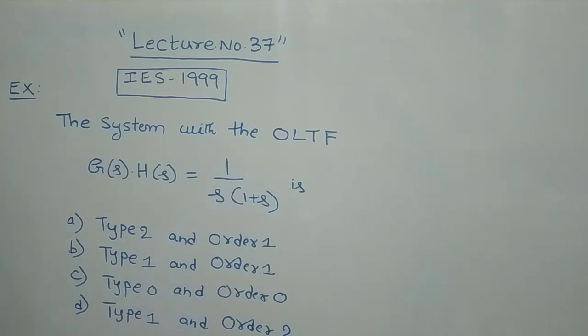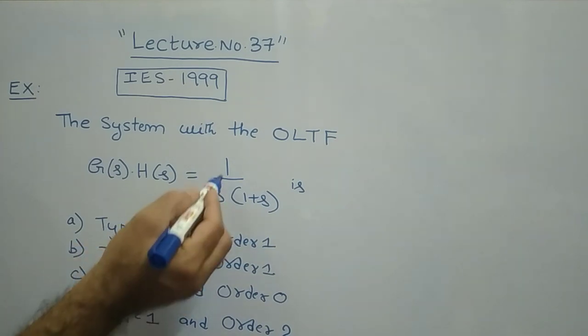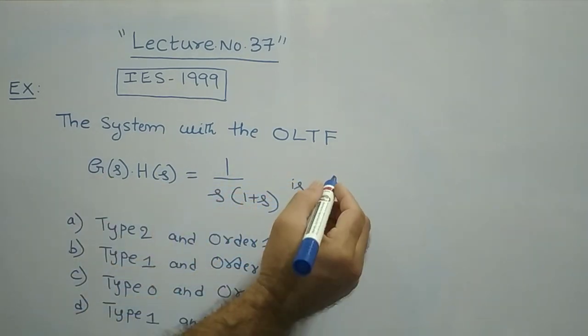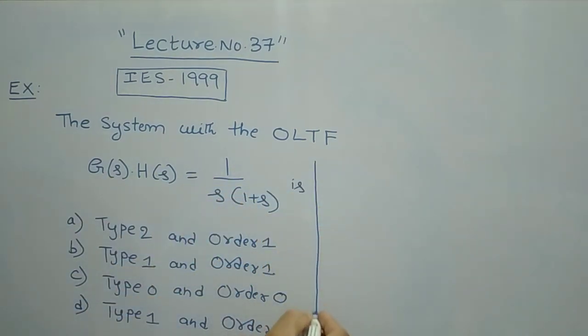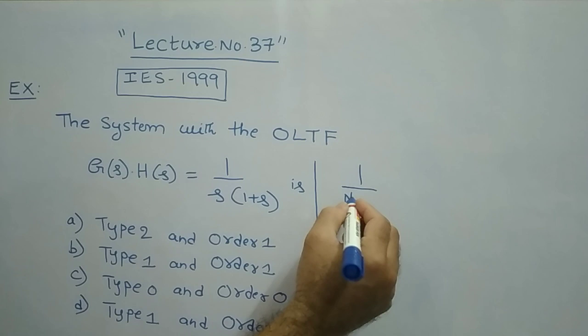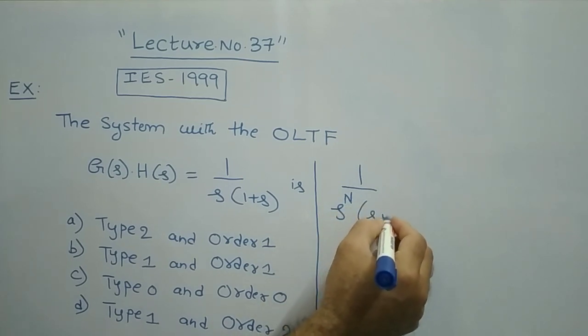I think in our previous presentation we have seen that very clearly. For the type number, in the denominator you must observe S power n into some factor like S plus 1 or S plus 2.